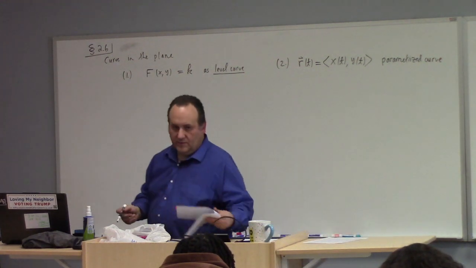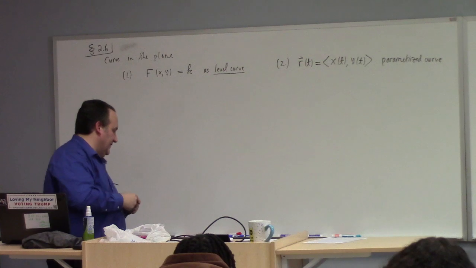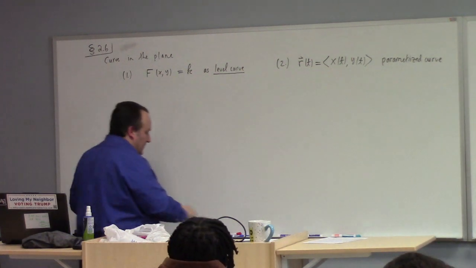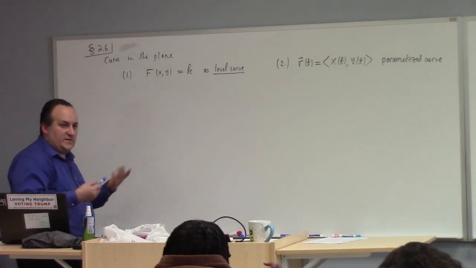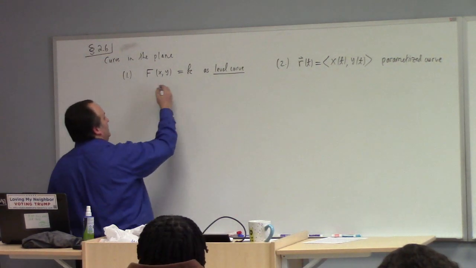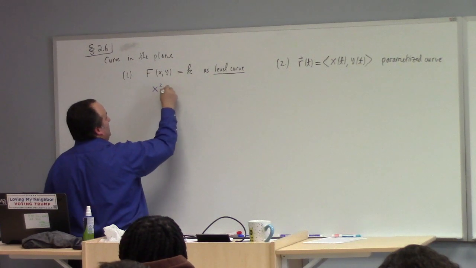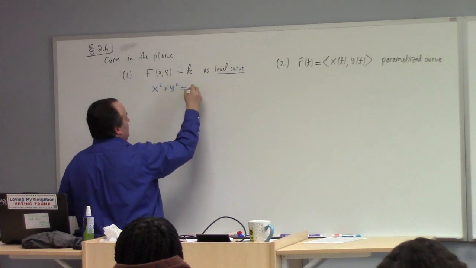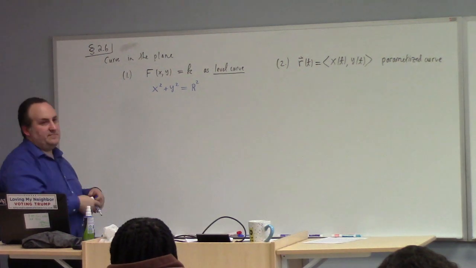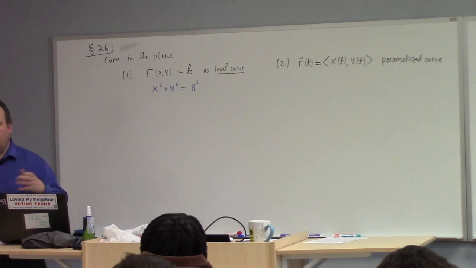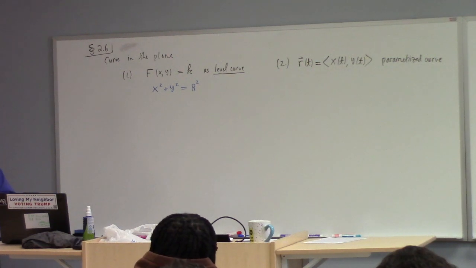Just so I don't lose you guys, to make sure we understand each other about what I'm talking about: a good example of a level curve I always come back to is just a circle. So you could have the circle x squared plus y squared equals, say, r squared, right? Here I'm choosing k equal to r squared. My big F is x squared plus y squared, right?